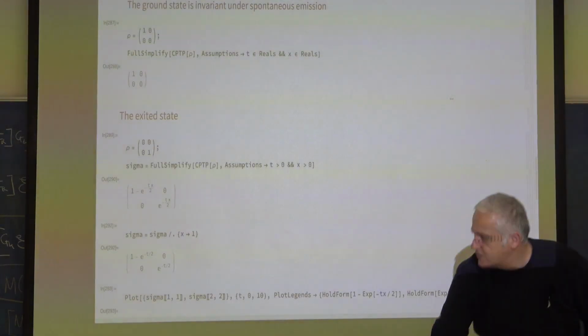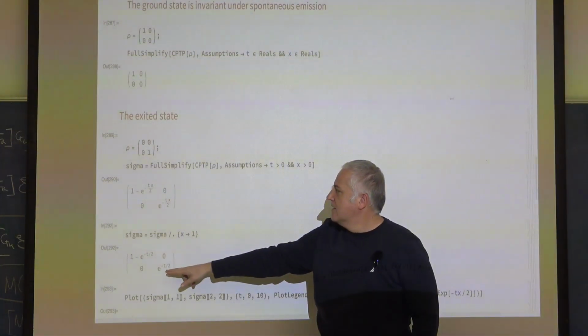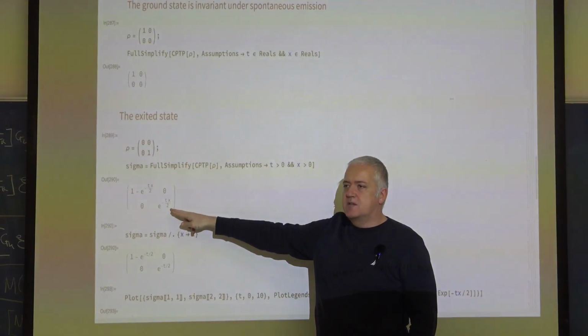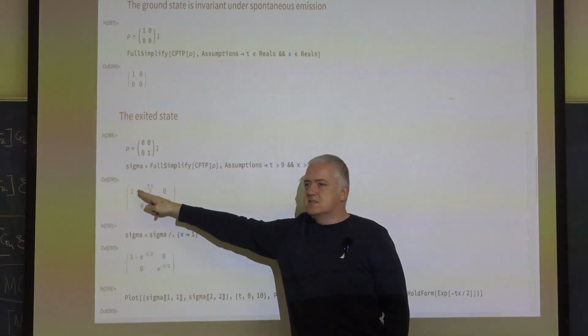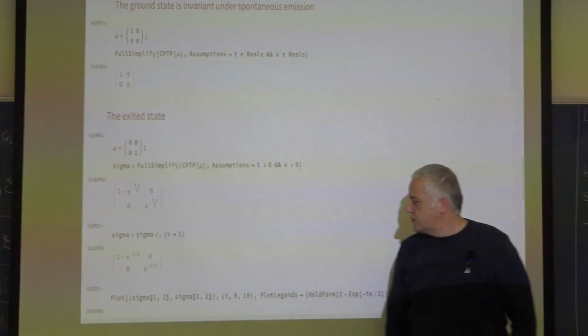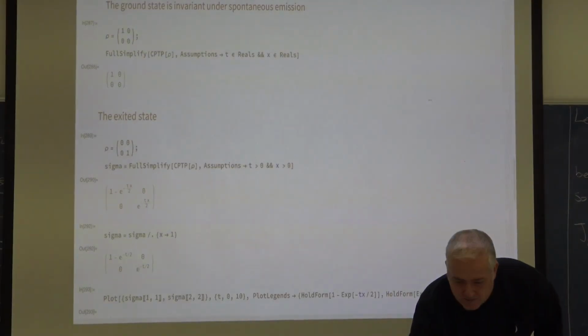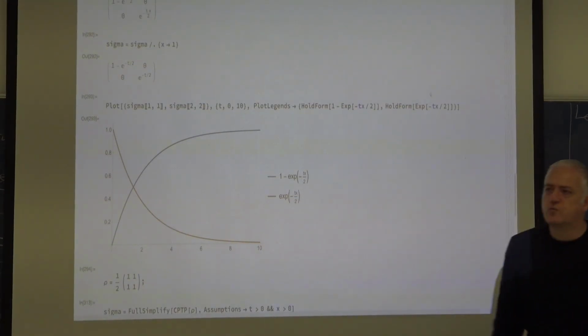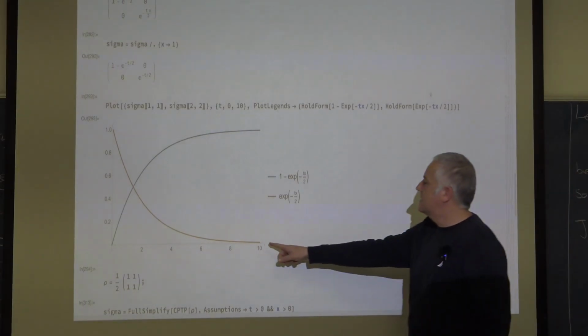Well, as you can see, I started with something which is here, and I get something which goes down here and goes up here. Okay? And I chose here, just for purposes of illustration, let's assume that the rate is 1. And as you can see, this is the ground state.